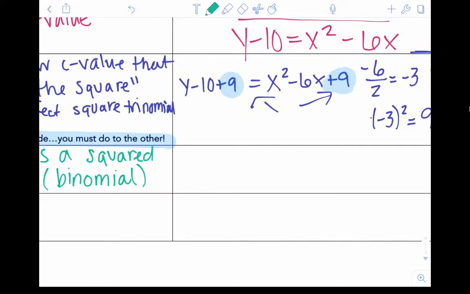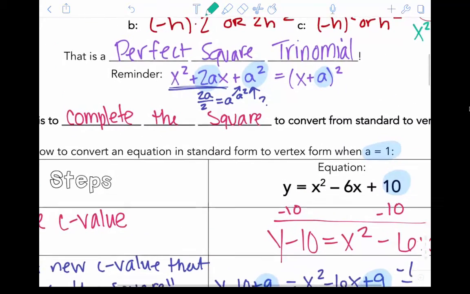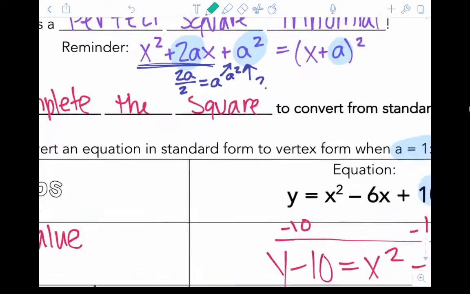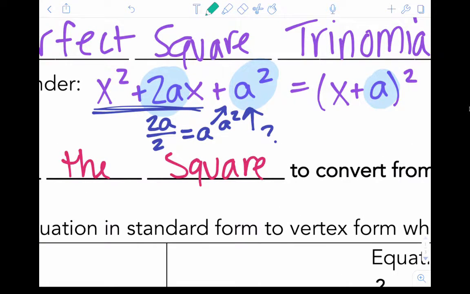So I'm going to take x squared minus 6x plus 9, and I'm going to write that as a binomial. So if I look back up to what a perfect square trinomial is, right now I have the trinomial, but I want to write the binomial.